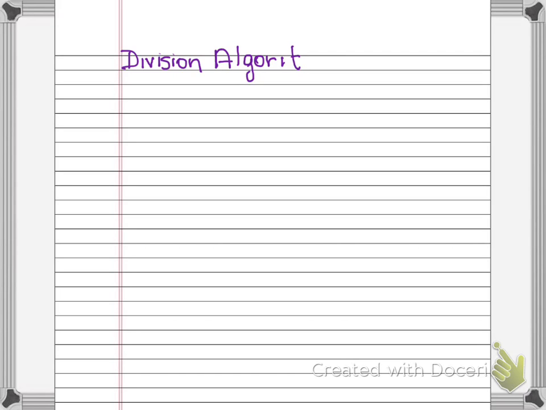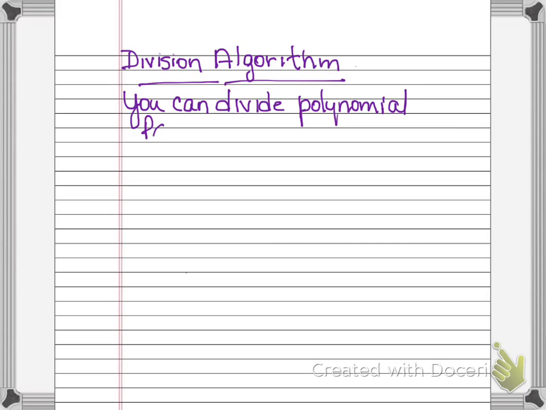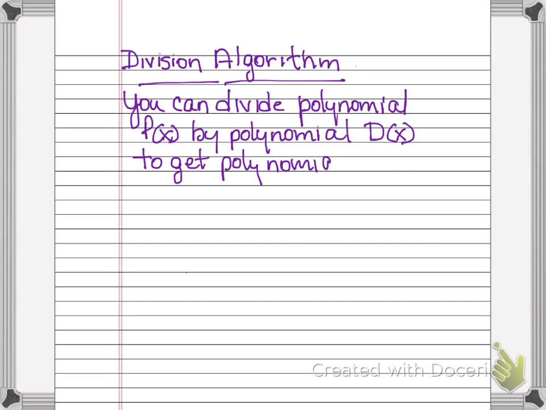So our division algorithm, or our basic rule for this, is rather lengthy. And it says you can divide a polynomial p of x of degree by a polynomial d of x to get a polynomial q of x and our polynomial r of x.